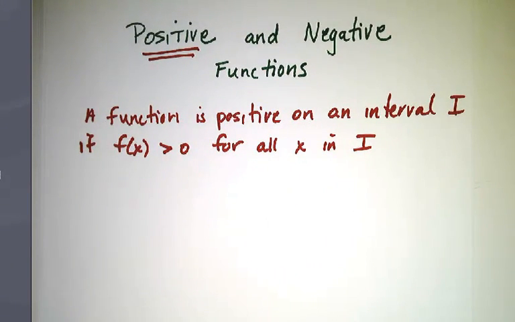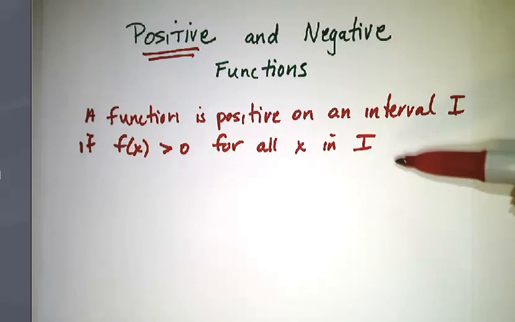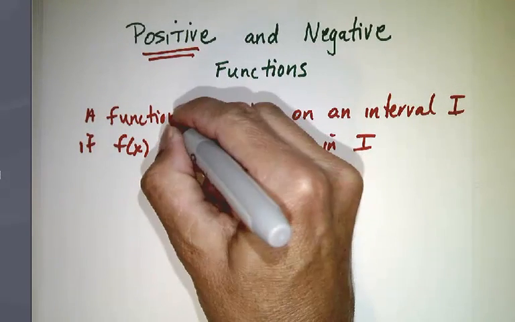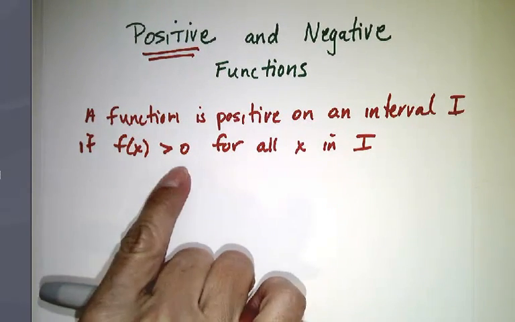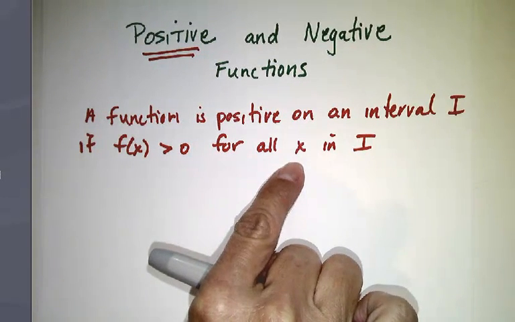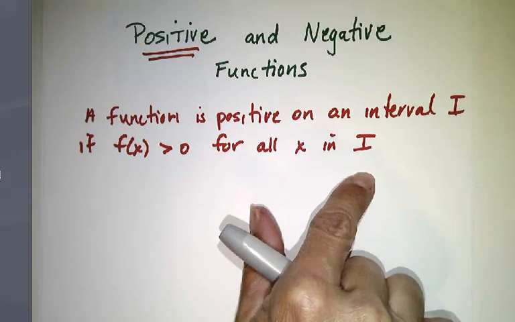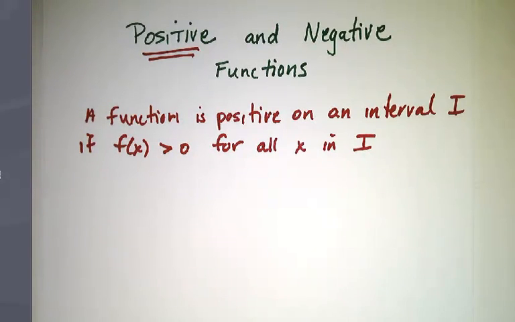Okay? A function is positive on an interval I if f of x is greater than 0 for all x in I. So what that means is the y values are bigger than 0 for all x values in a particular interval. Okay, so what does that mean graphically?